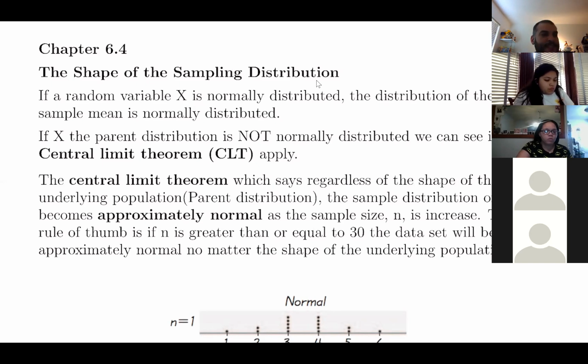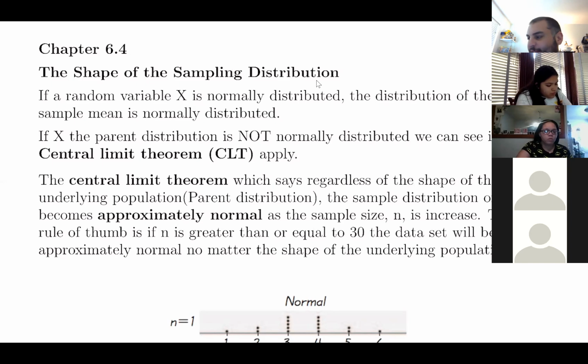the central limit theorem says that as your sample size increases, our distribution should become more and more symmetric, or more and more normal. The rule of thumb that we're going to use is a sample size of n equal to 30. If n is greater than or equal to 30, we say it is approximately normal. If n is smaller than 30 and we don't know our data set is normally distributed, then we say it's not normal.